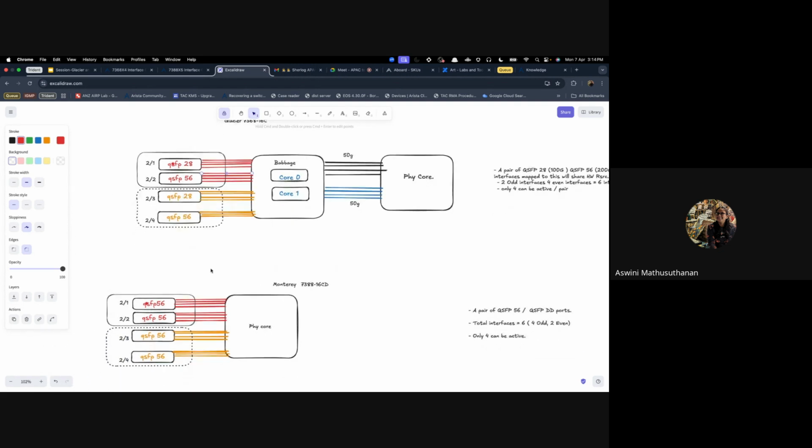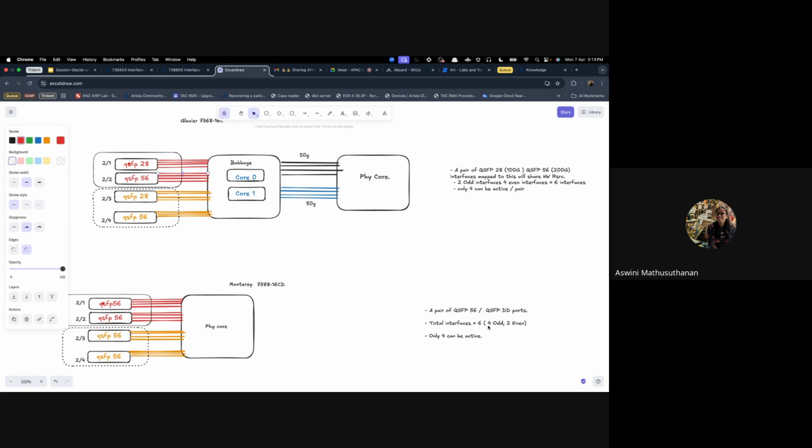But here, both are the same, both are 56. So we are allocating more on the odd side of the pair. So here, odd interfaces will be 4. It switches places now, so 4 odd interfaces and 2 even interfaces can be active. That is possible, but again the same limitation: per pair only 4 can be active.